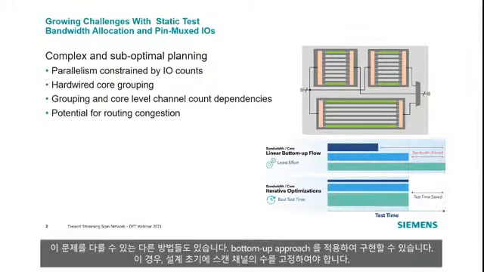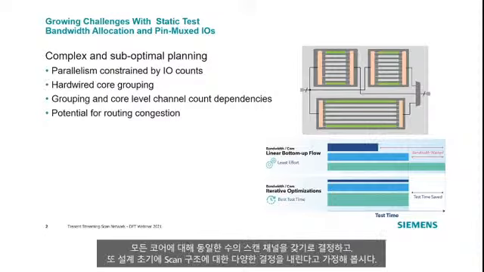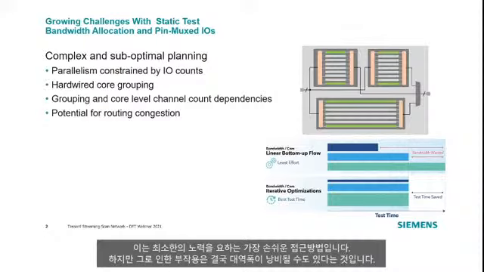Now there are also different ways you can deal with this. You can implement what we call a bottom-up flow, where you allocate a fixed number of scan channels early in the flow. Let's say you decide to have the same number of scan channels for all of the cores and make a lot of decisions early. That's the easiest approach, the least effort.